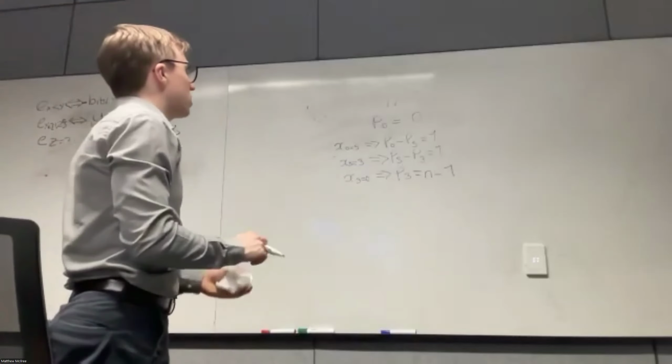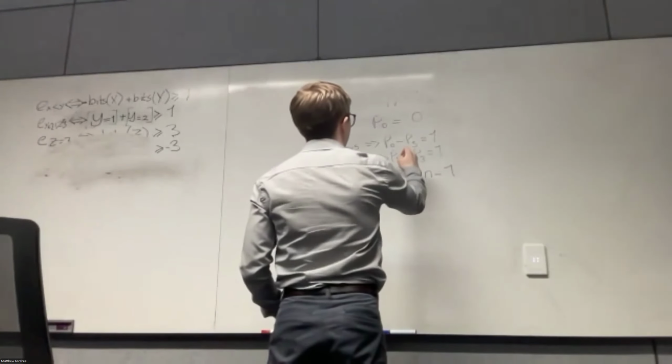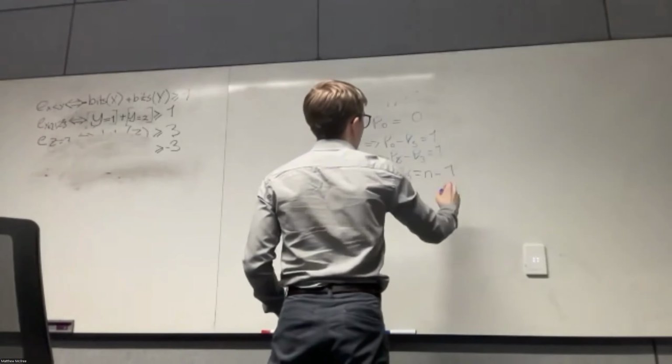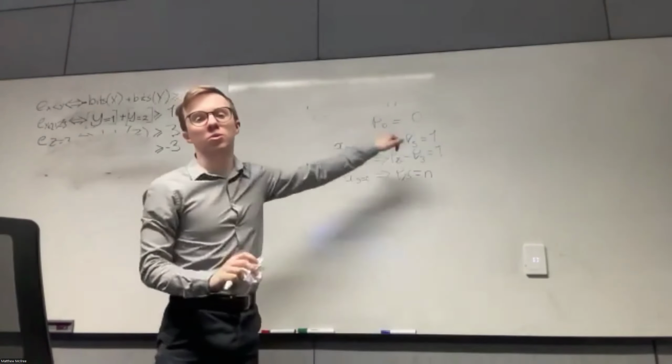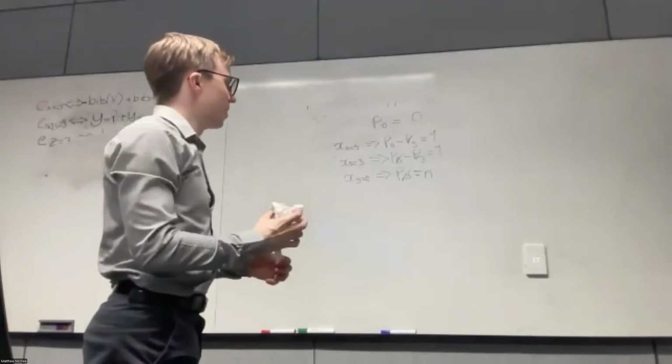So when you add these things up, you're going to get P0 equals n, but P0 equals 0. So we're going to get a contradiction there as well. So it's actually just going to work, more or less.